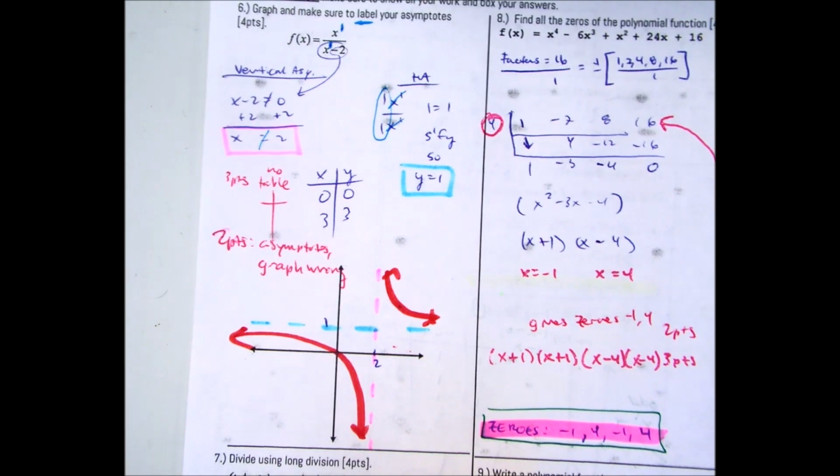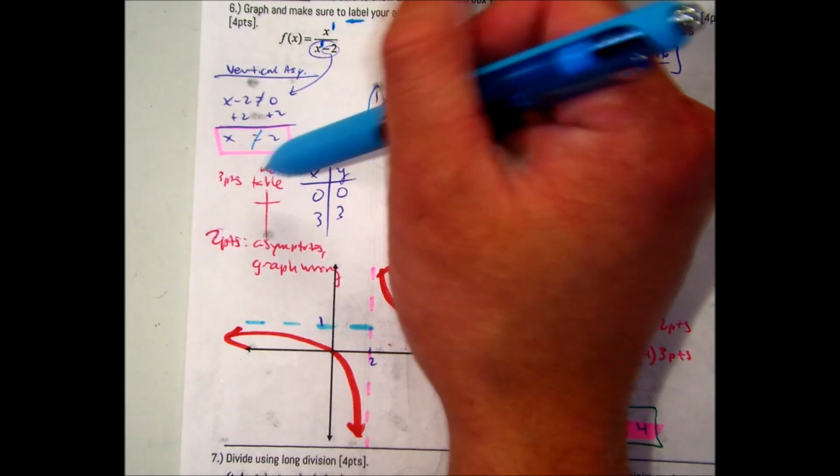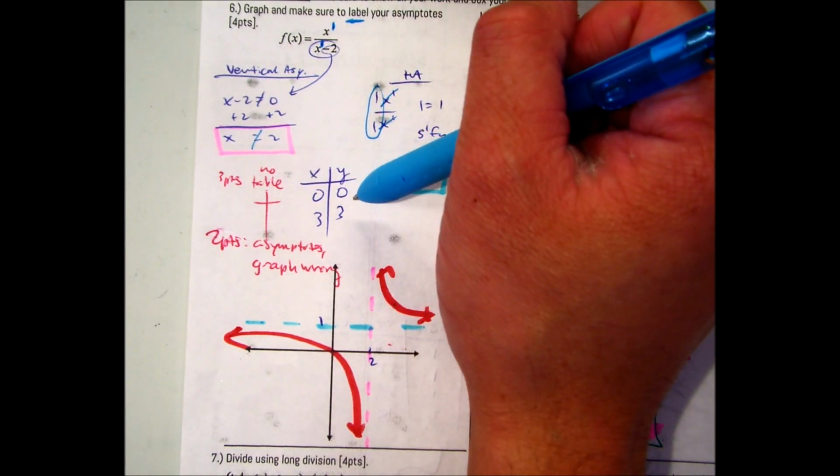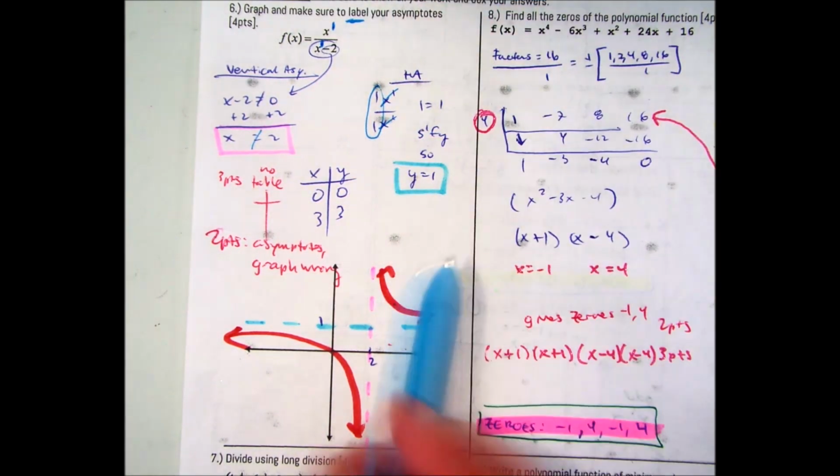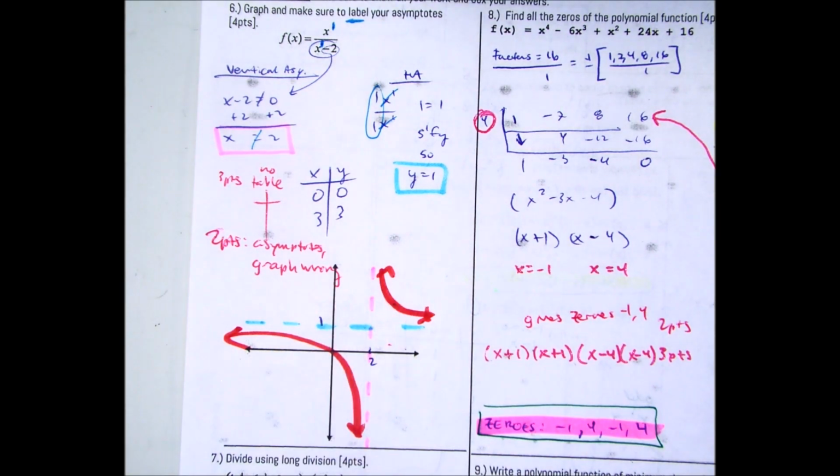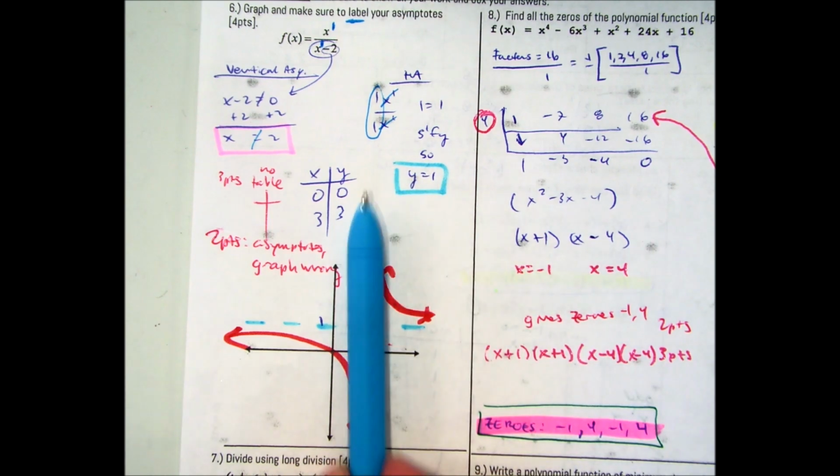Okay, now, this is where a lot of you guys lost a point. You don't have a table. The question is, how did you know where the graph goes? You could have guessed, or you could have cheated, or you knew it but were lazy and didn't write down a table. I pick numbers to the left of the vertical asymptote.